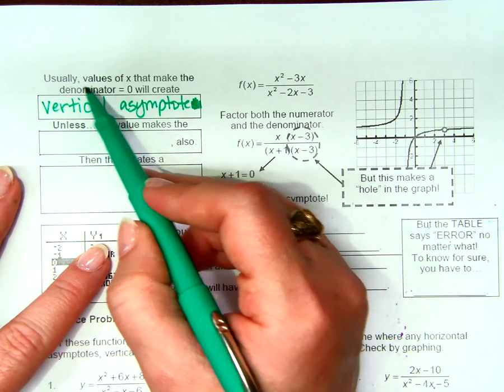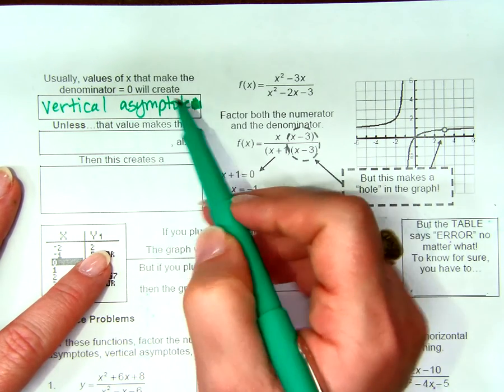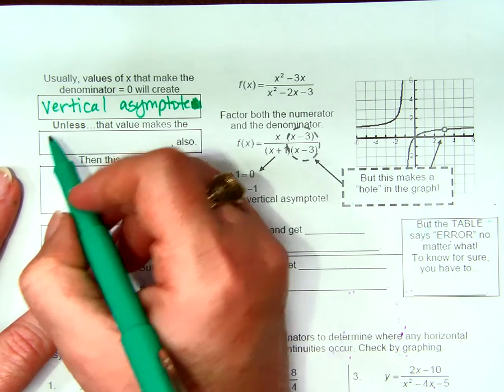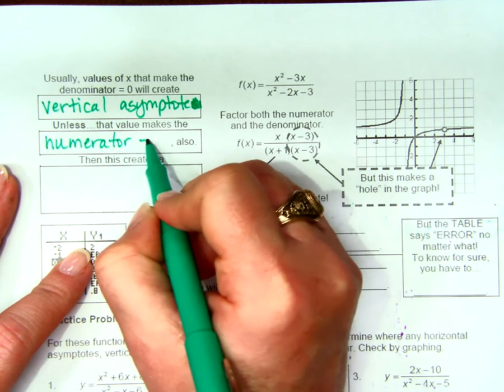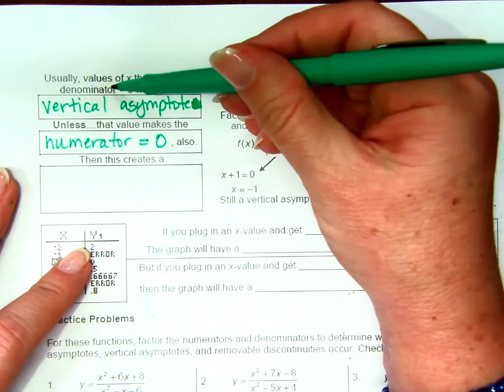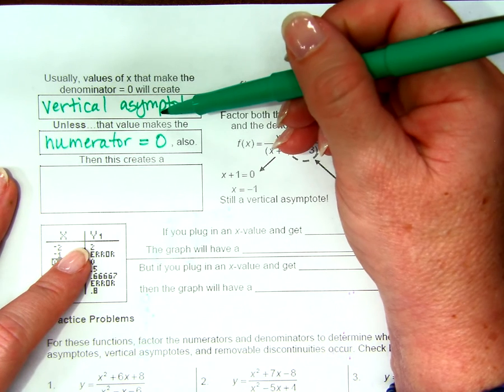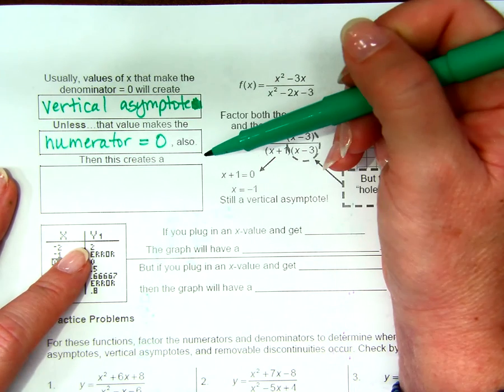Listen, usually values of x that make the denominator equal 0 will create a vertical asymptote unless that value makes the numerator equal to 0 also. If it makes the denominator equal to 0, we talked that it's a vertical asymptote. But what happens if it also makes the numerator equal to 0?